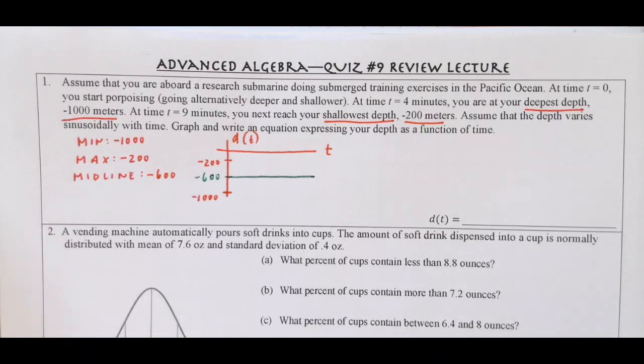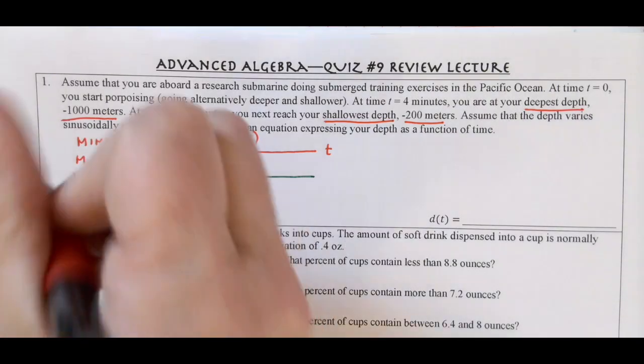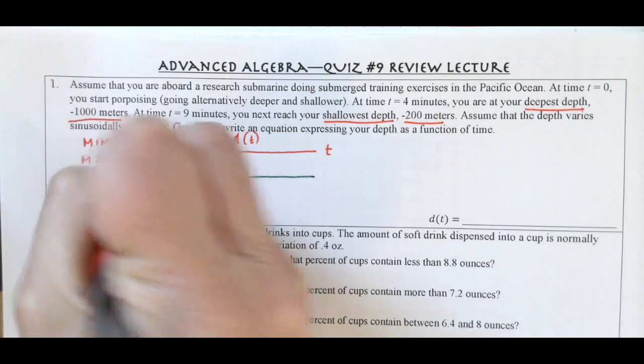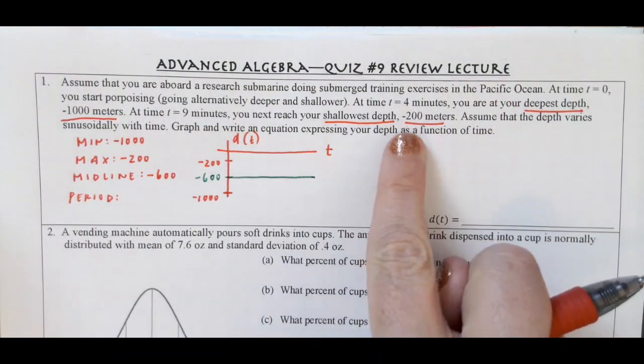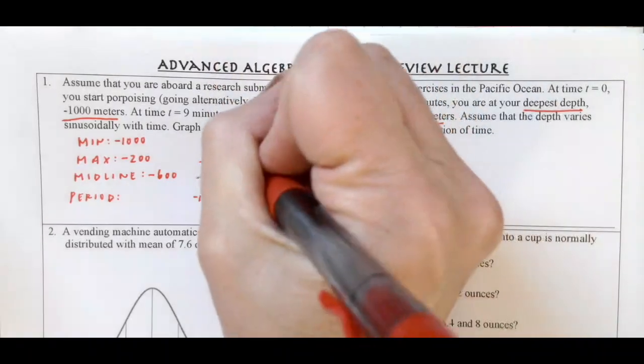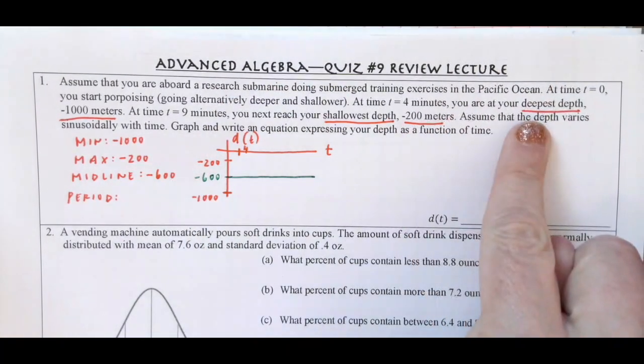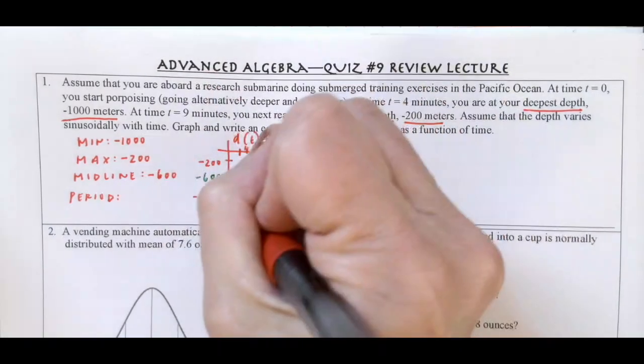Then we need to figure out a period. At 4 minutes, you are at your deepest depth of -1,000, so here.